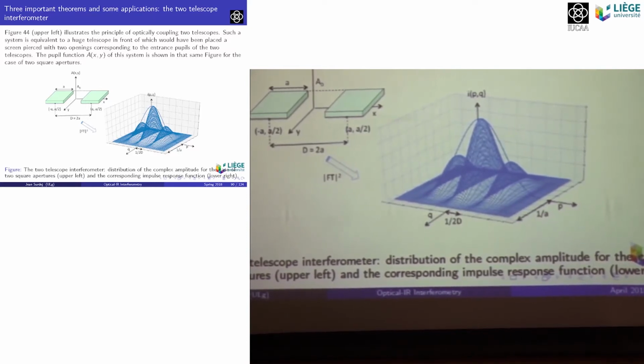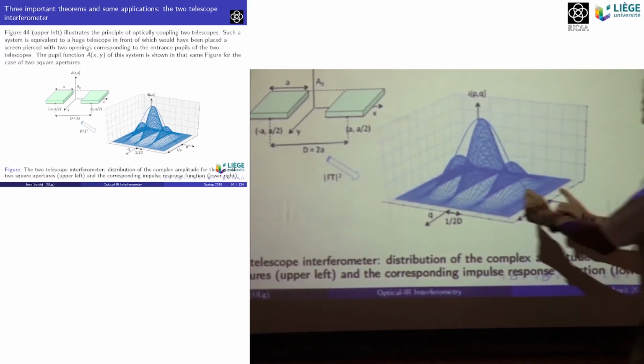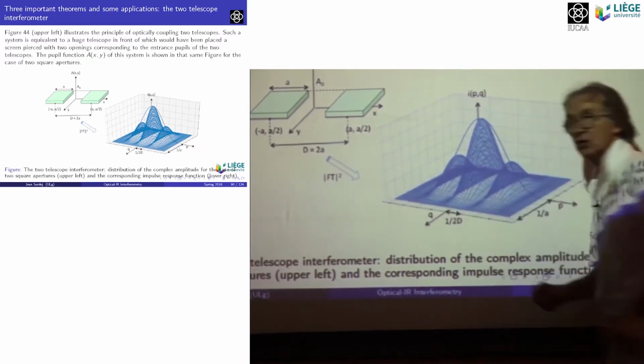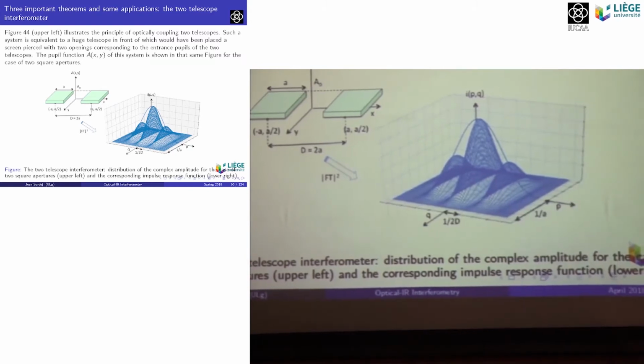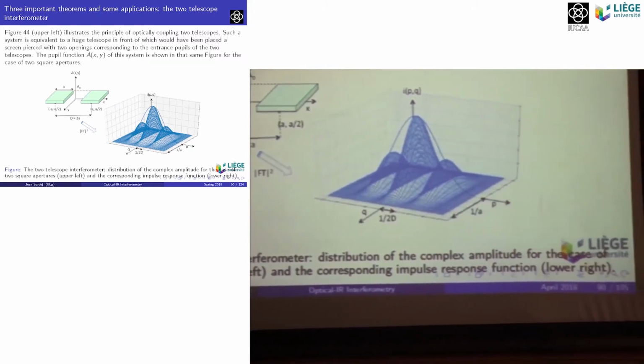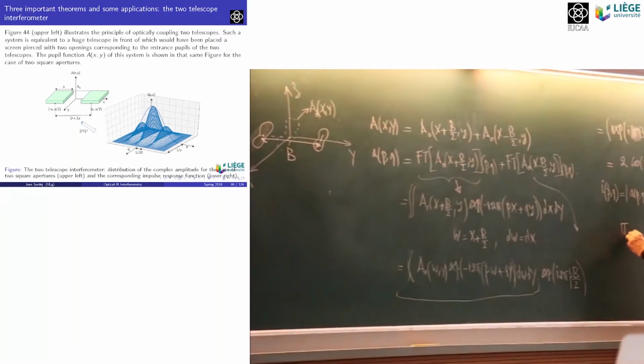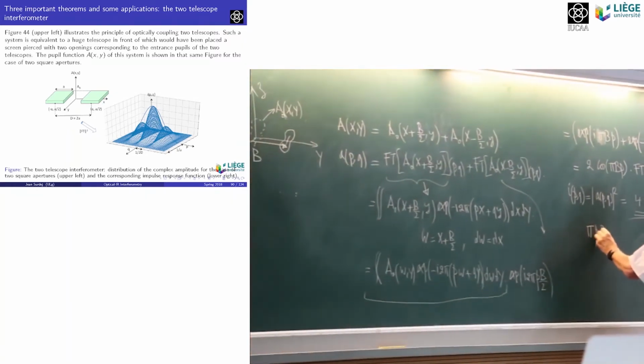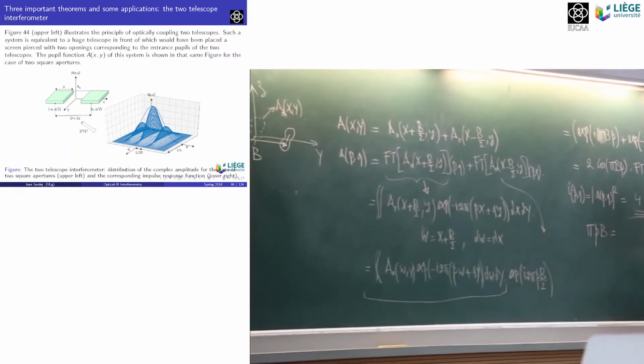Now let's calculate once more what is the separation between the two first minima, which will define the angular resolution of the interferometer. So we know that the cosine will be equal to 0 whenever the argument will be equal to plus or minus pi over 2.